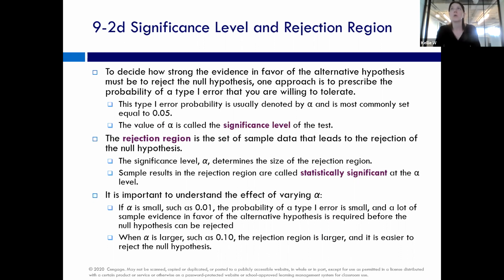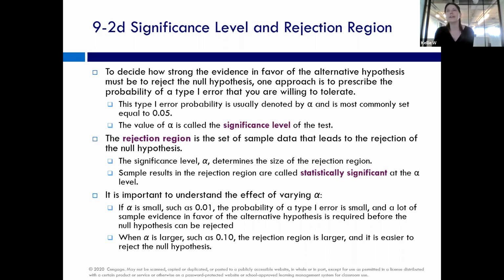We need to prescribe the probability of a type 1 error that we are willing to tolerate. And the general significance level of this type of testing is alpha equals 0.05. And sometimes you might see 0.01 like we did last week.